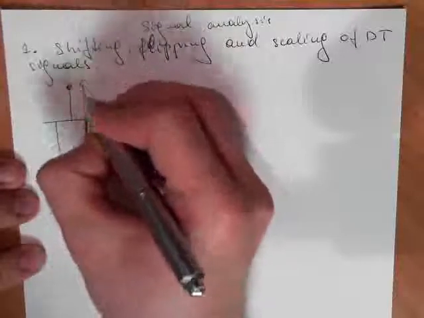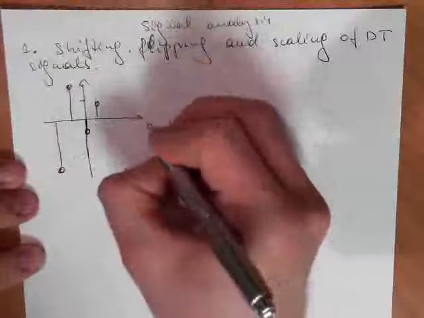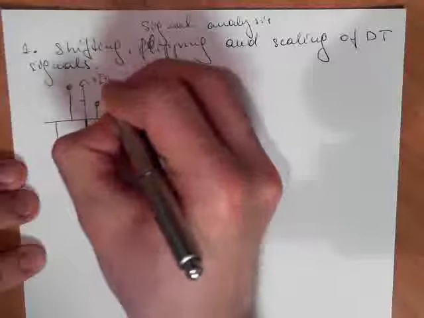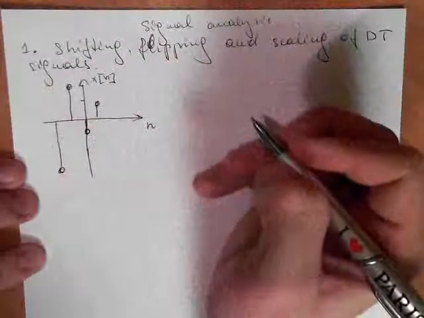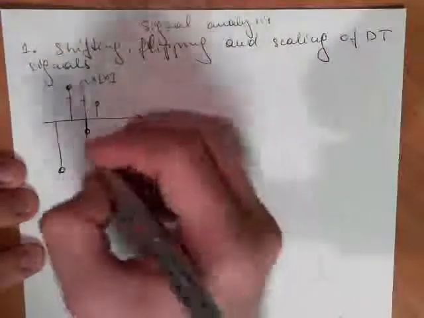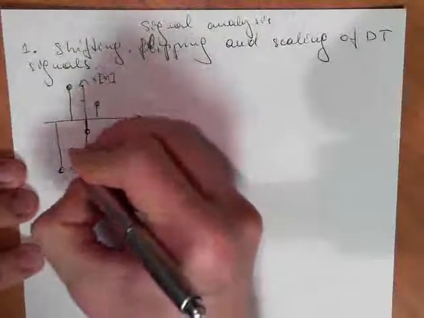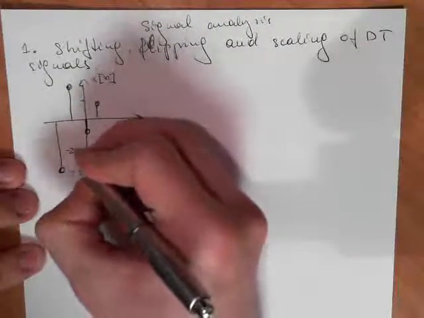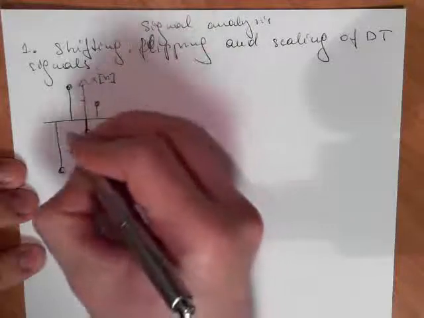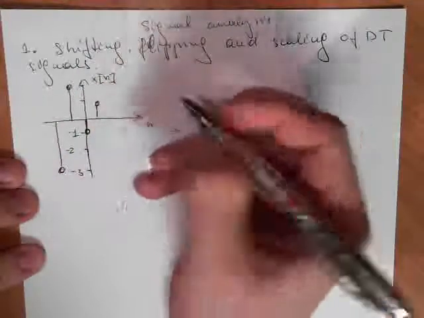So let's put the axis now. This is -3, this is -2, this is -1.